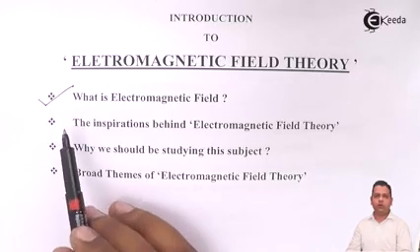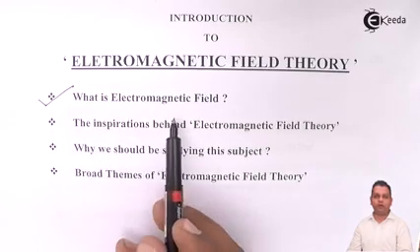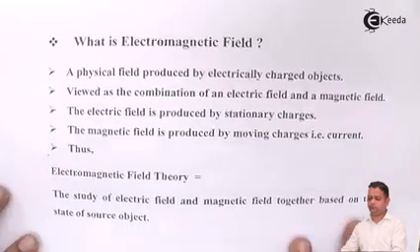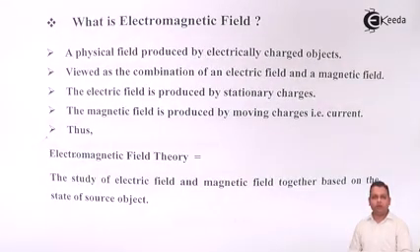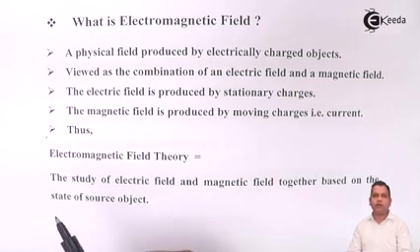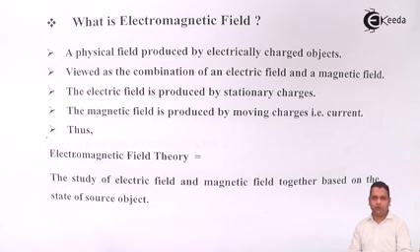So the first point, what is electromagnetic field? Electromagnetic field is the physical field produced by charged particles. As we see, the term electromagnetic has two parts, electric and magnetic.